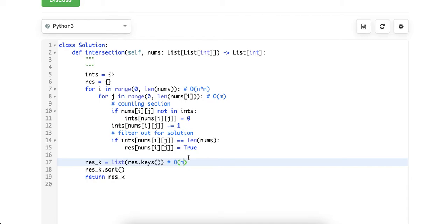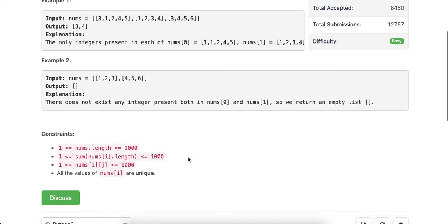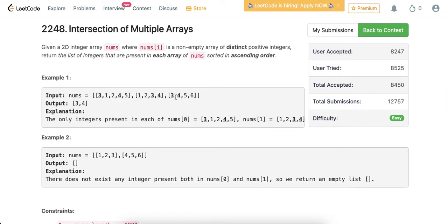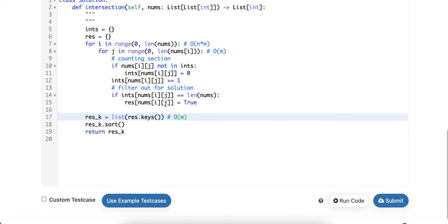Why not n times m? Because the problem is looking for members that are in every array. So definitely the maximum will be taking all members. It could not be n times m, because it is an intersection.